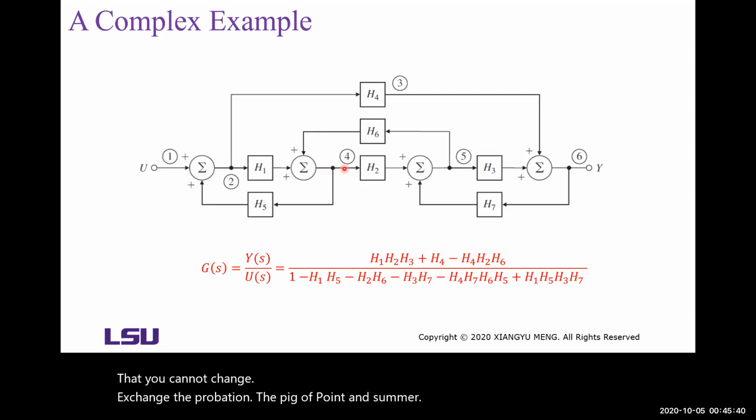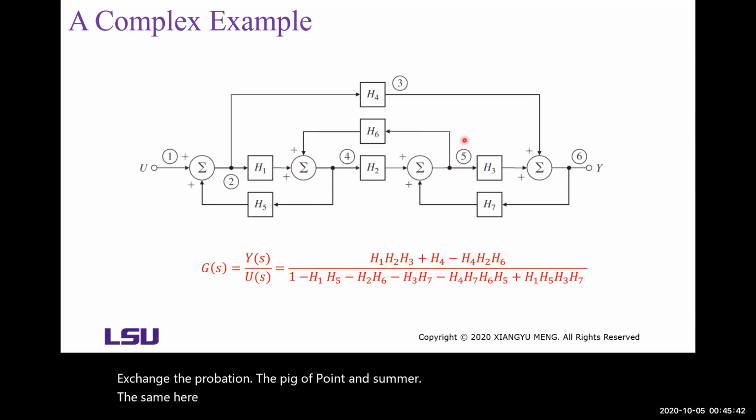The same here, you can't apply the feedback rule because you can't change the position of the pick-off point and the summer. Same here, the same here. Same for this parallel connection. So then how to get the transfer function in this case?